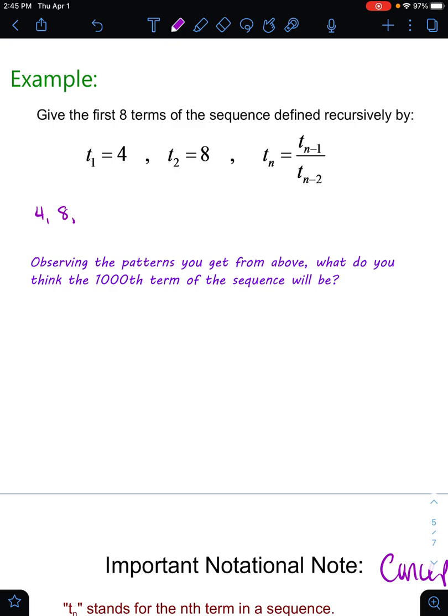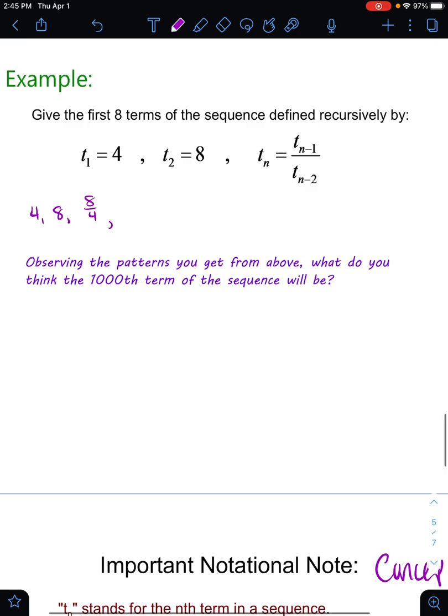Looks like I'm going to take my last term divided by my second to last term, so it's going to be 8 over 4. I'll actually write that out, so that's 8 over 4, which is 2. 2 over 8, which is 1/4. 1/4 divided by 2 is 1/8.